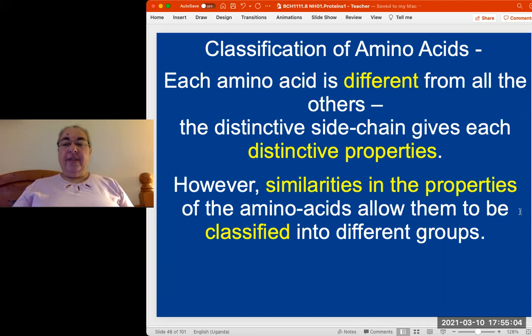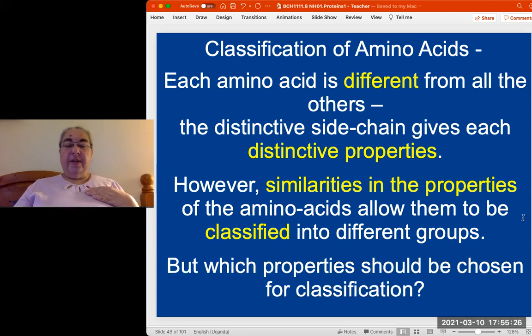However, some of these side chains are similar and give the amino acids similar properties. So acidic or basic amino acids, for instance. And these similarities mean that the amino acids are often classified into different groups. But there is a disagreement, even amongst textbooks that we use, exactly how to classify different amino acids.